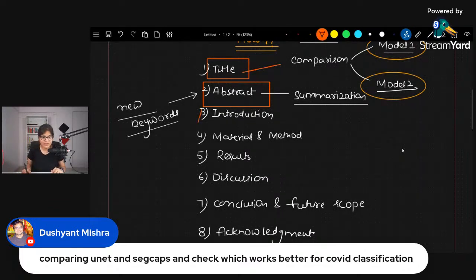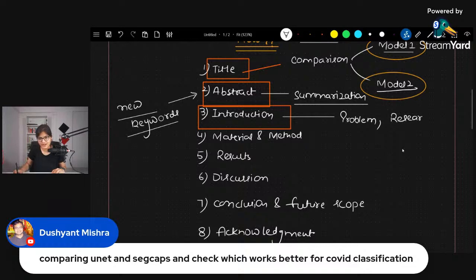The third important thing which you have to study after understanding the abstract is the introduction part. In the introduction, you will get to know what the problem statement is all about, what the exact problem statement is that they are trying to solve, and what the research gap is that they are trying to address. Also, what's the history behind the things they are doing?